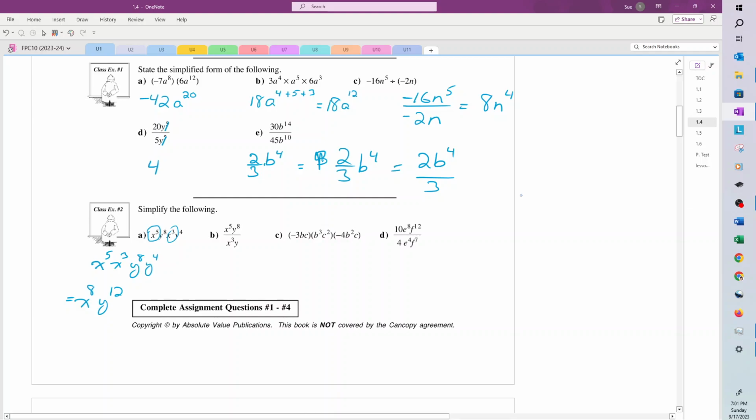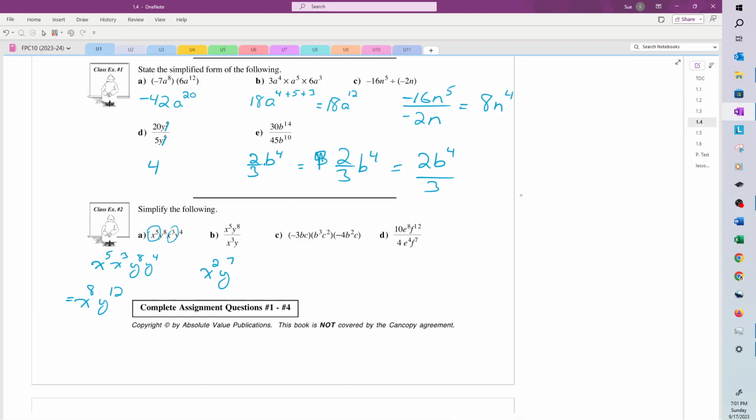You always need to do what you need to do to get the right answers. So if you need to write out the intermediate step anywhere of these questions, you go right ahead and do that, okay? All right, my x's, I've got 5 minus 3, so it's going to be x squared, and then y to the 7.